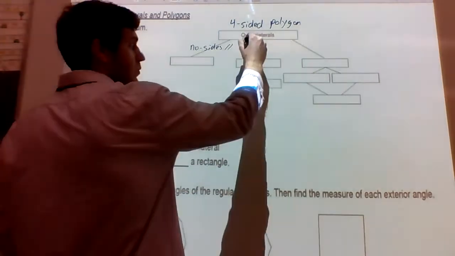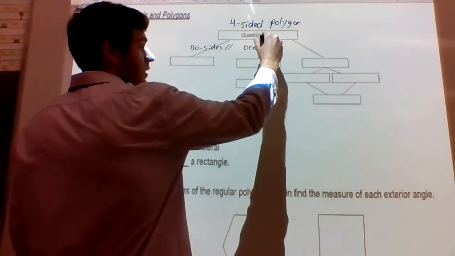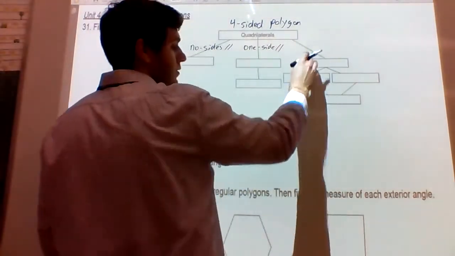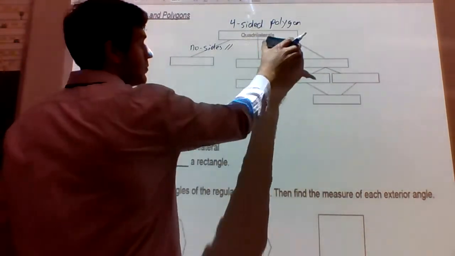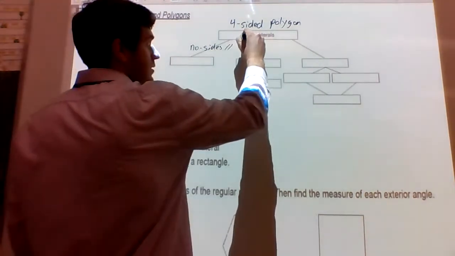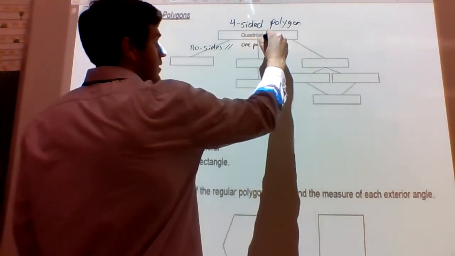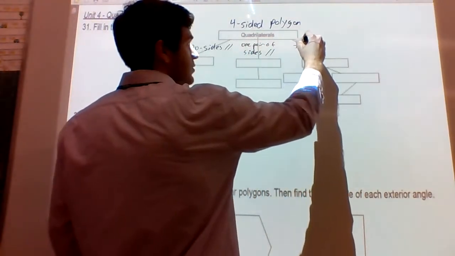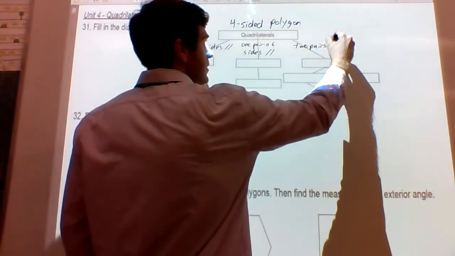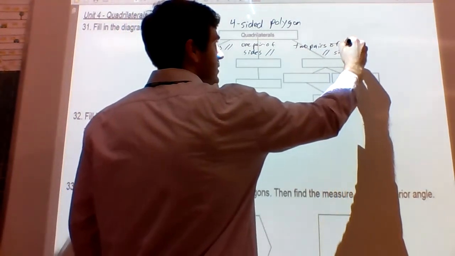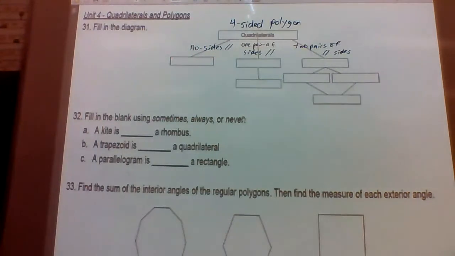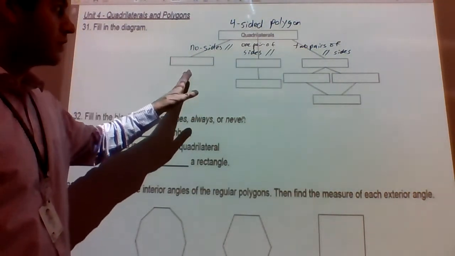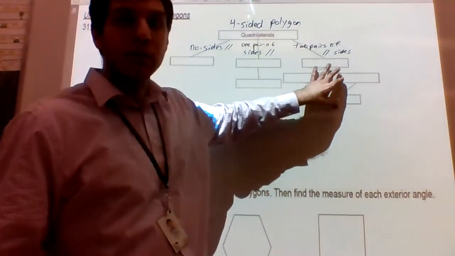We had cases where one pair of sides is parallel, and here we have 2 pairs of parallel sides. Let's start with the 2 pairs of parallel sides. That's the first one we talked about.